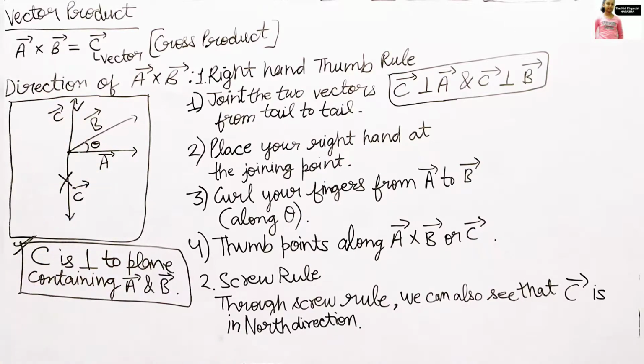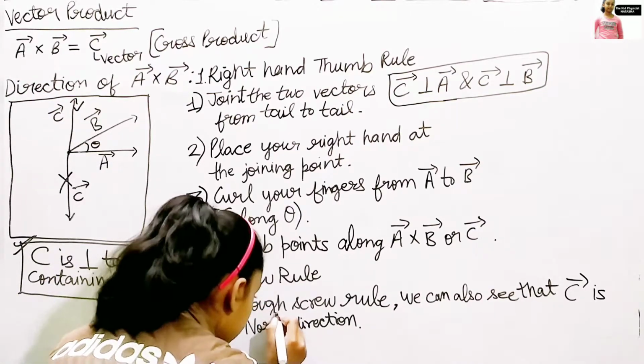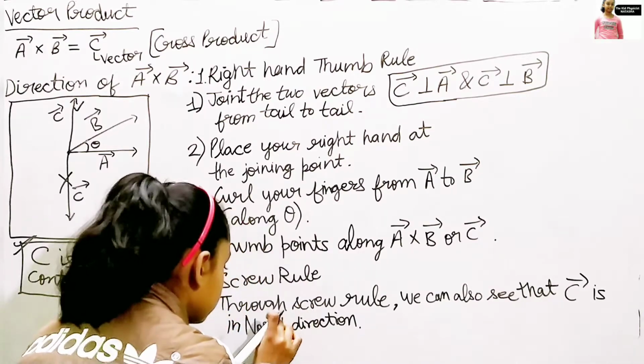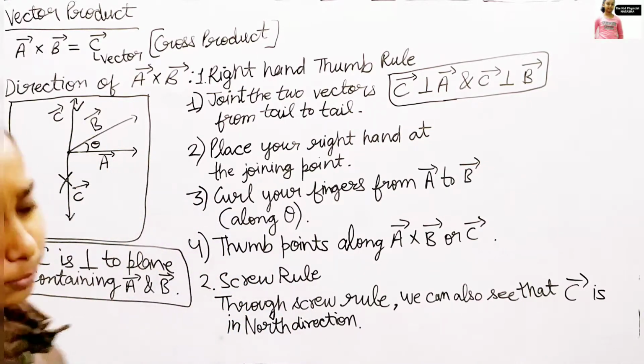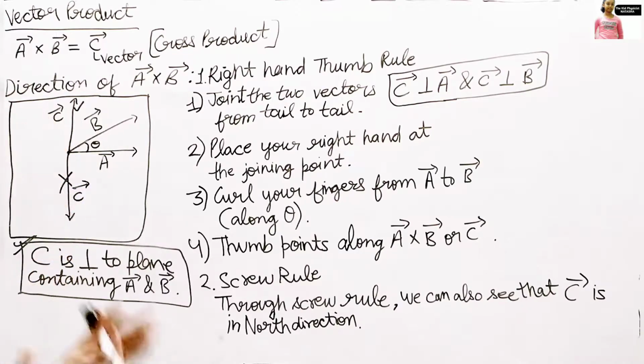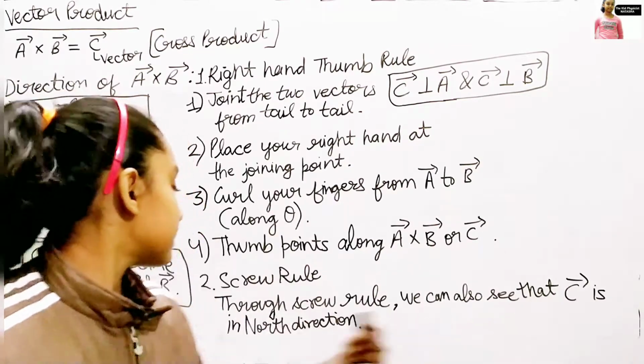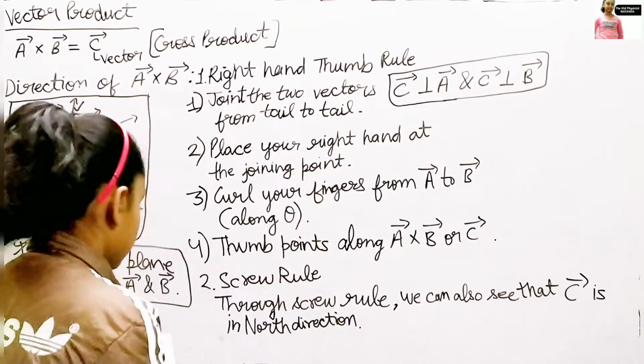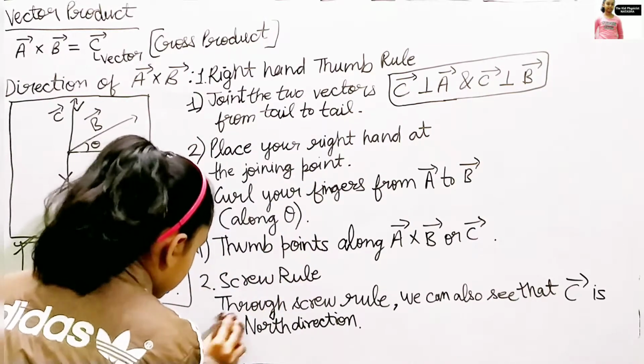Yeah, so I hope you all can see it. So through the screw rule we can also see that vector C is going in north direction.